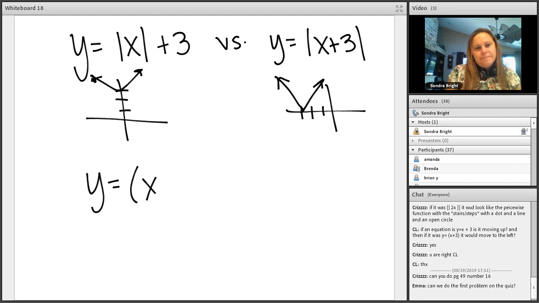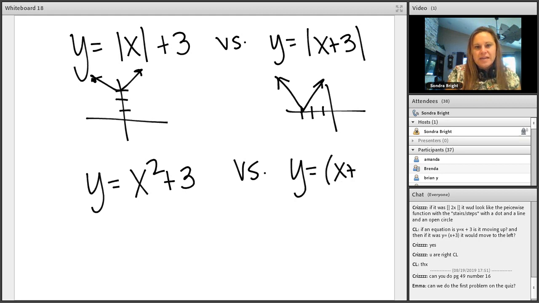Also, y equals x squared plus 3 versus y equals x plus 3 quantity squared.